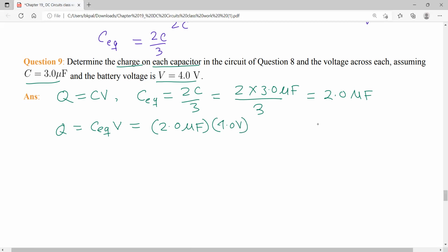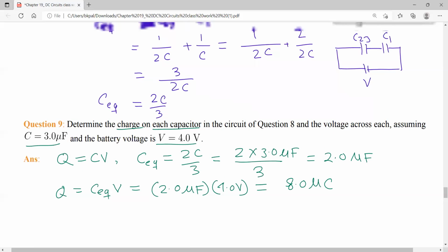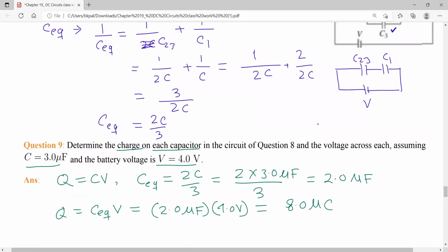So the total Q is 8 microcoulomb, right? And this tells us that here and here the charge will be 8 microcoulomb, right?